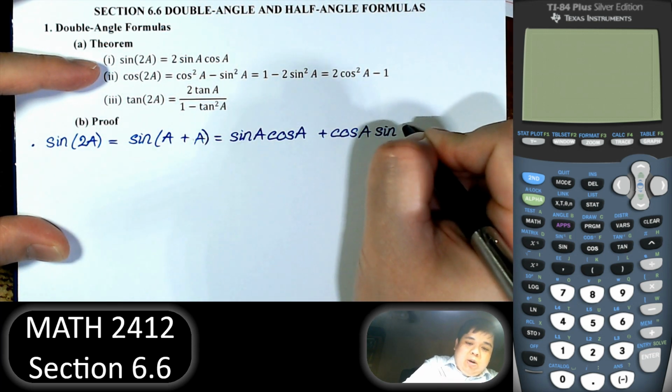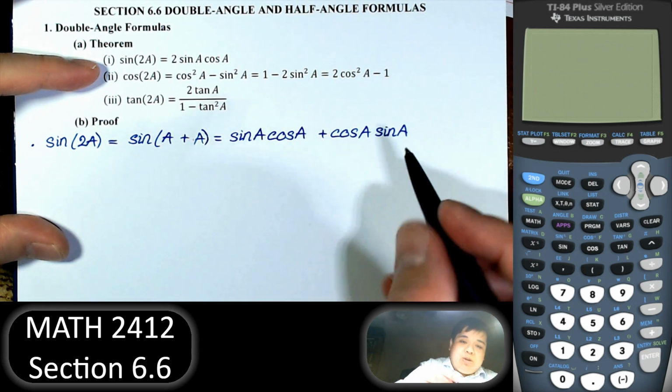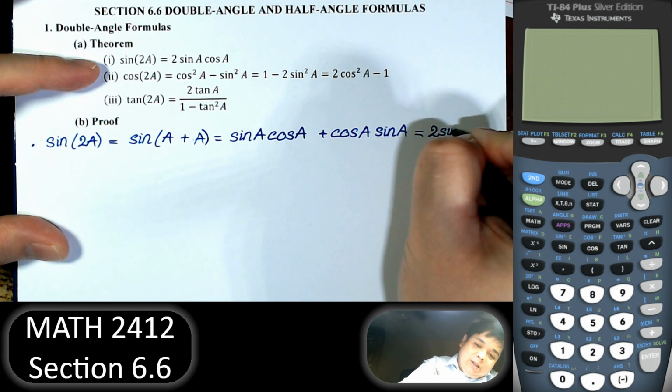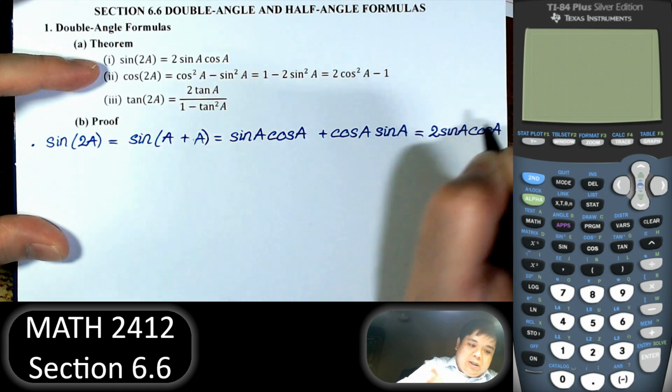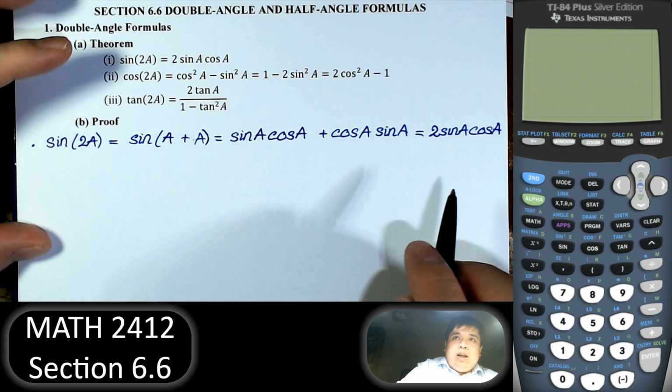The angles are a, a: sine, cosine, and this also sine, cosine. Right, so that is sine of 2a is equal to 2 sine a cosine a.